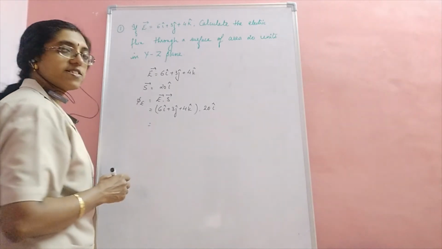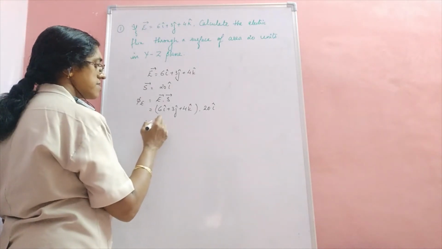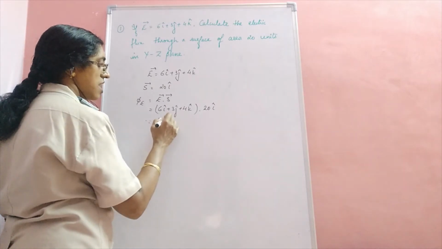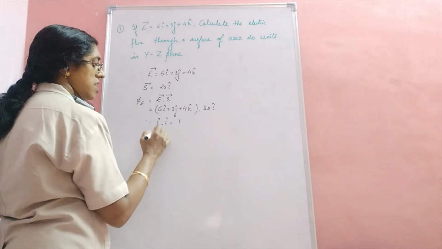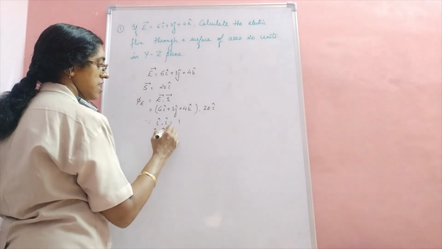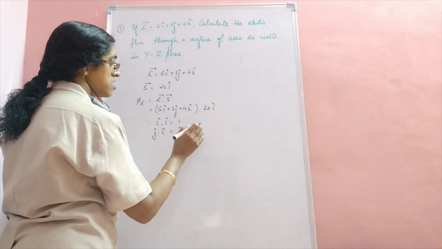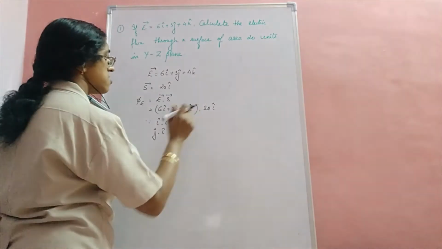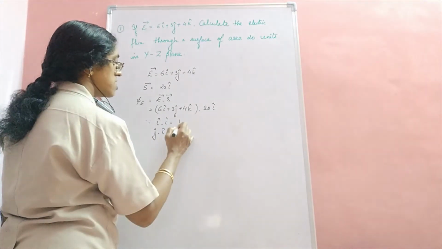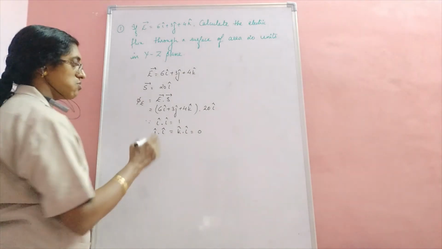As children, you have already studied in 11th standard that i dot i is equal to 1, whereas j dot i is equal to k dot i, which is equal to 0.